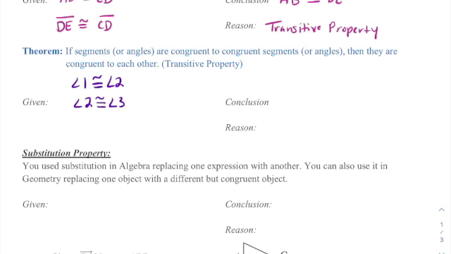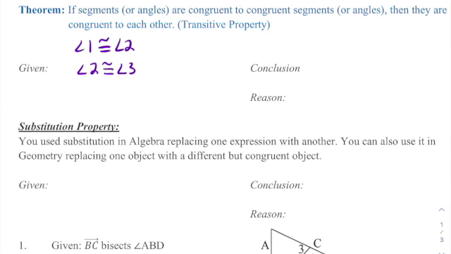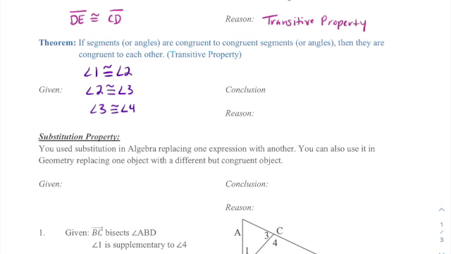And let's also say here that angle 3 is congruent to angle 4. What I have here is a link between these. Angle 1 is congruent to angle 2, but angle 2 is congruent to angle 3. Both angle 1 and angle 3 are congruent to angle 2, but angle 3 is also congruent to angle 4.